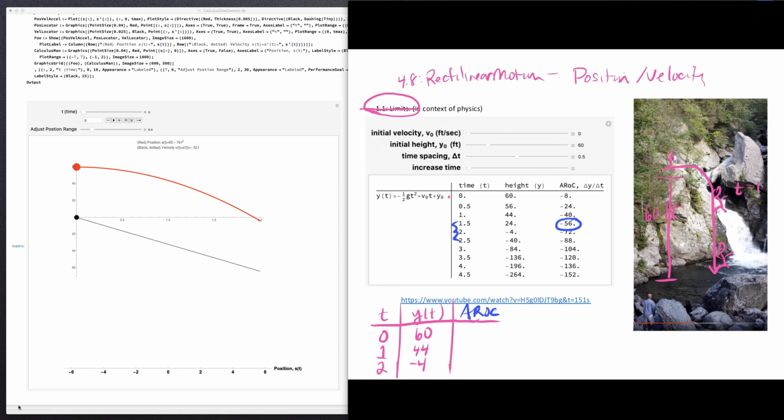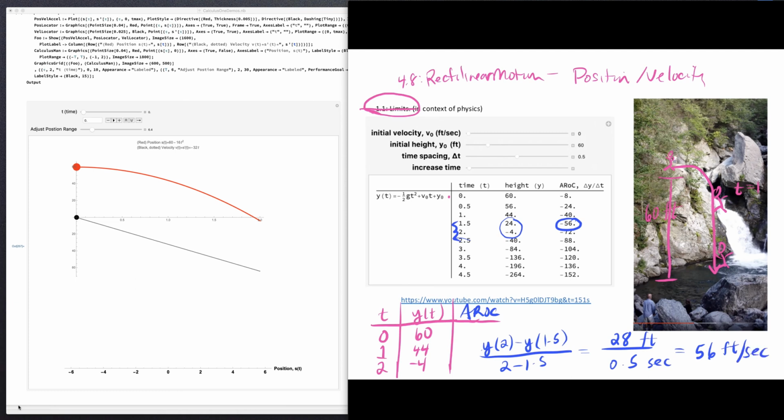Around 2 seconds, we looked at the height at 2 seconds minus the height at 1.5 seconds, and then divided by the time difference, which was 0.5 seconds. The height change was 24 to -4, so that is a height change of 28. 28 divided by a half is 56, and that is 56 feet per second.